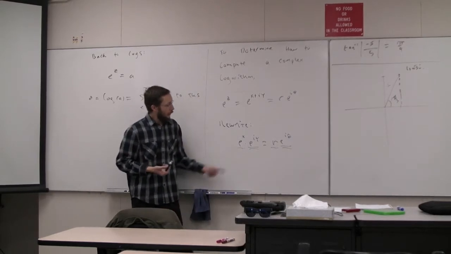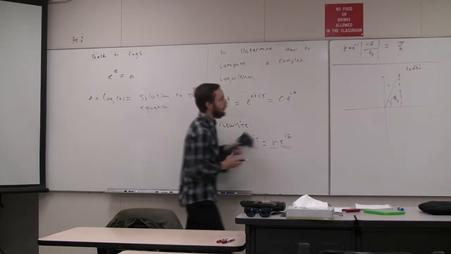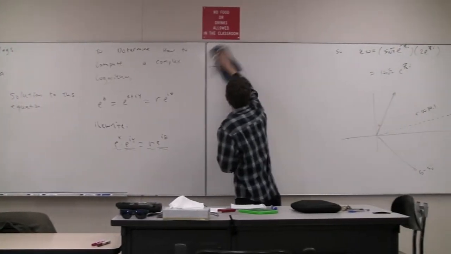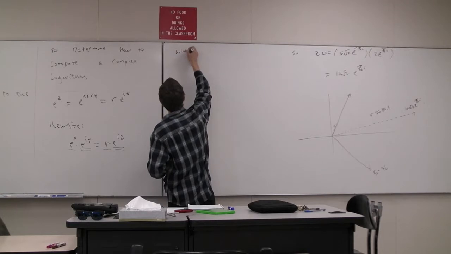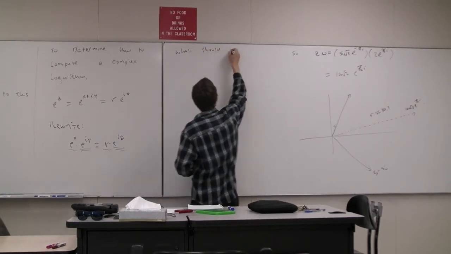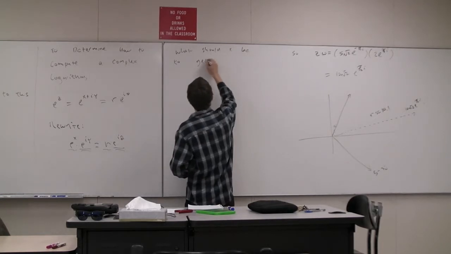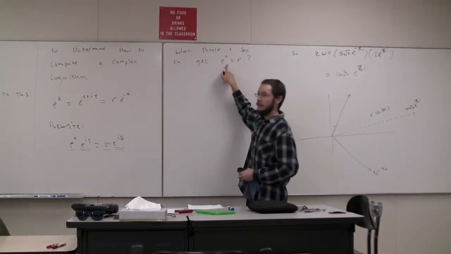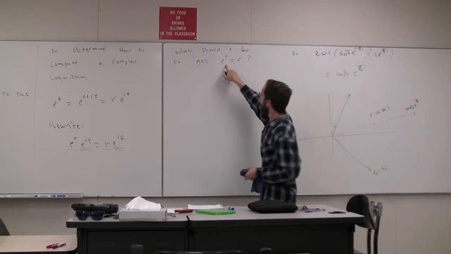And so, what we see is that to get e to the x to match r, we're just asking this question: what should x be? To get e to the x to match r. And the answer to that is just the regular log of r.